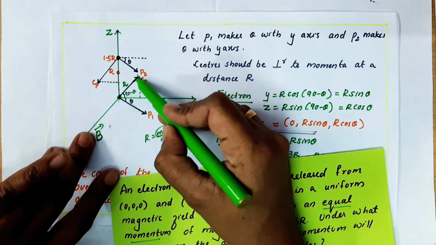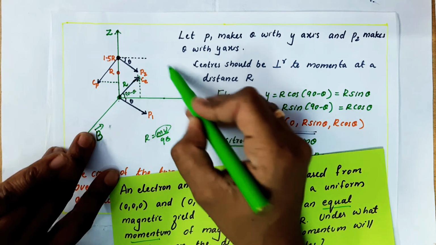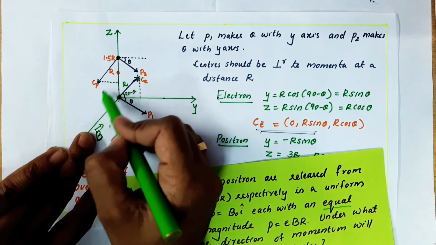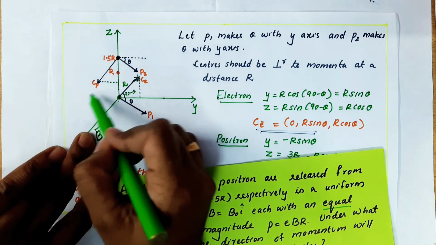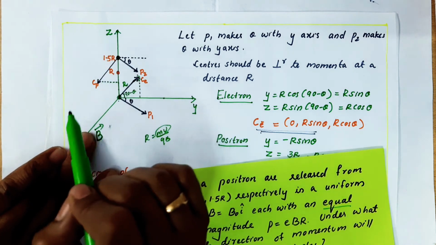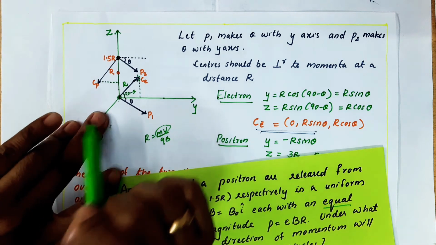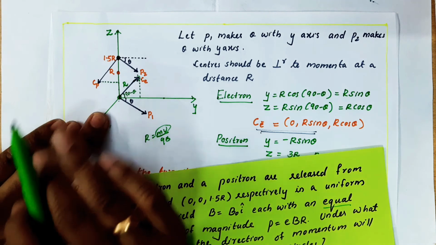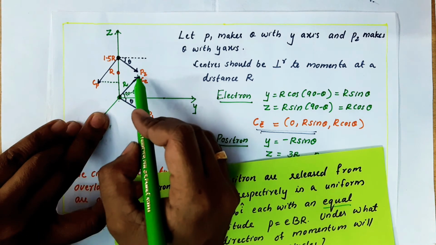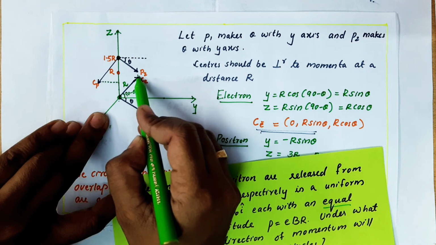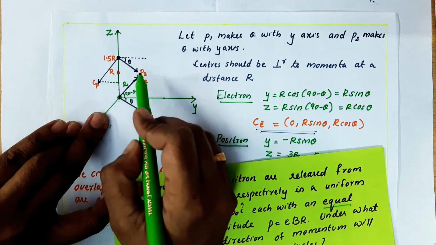As the electron moves in this direction, the positron will move in the opposite direction in this coordinate system. Now you have to draw all these things first. Next I need to find the coordinates of this center point.